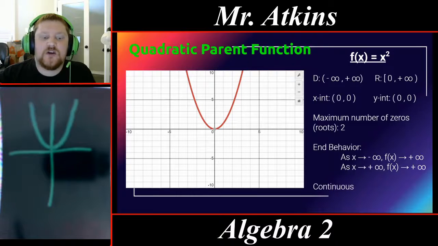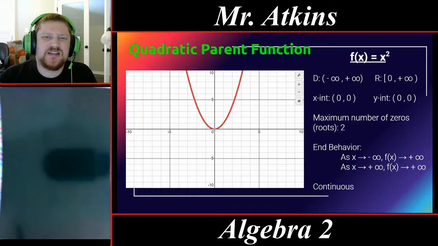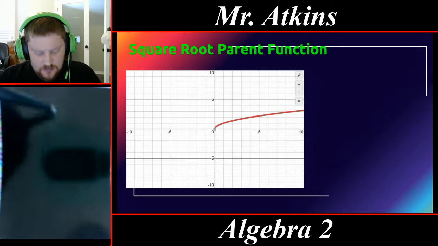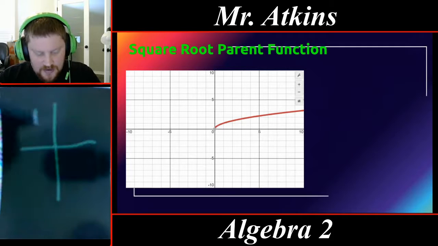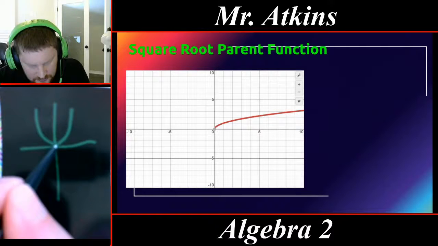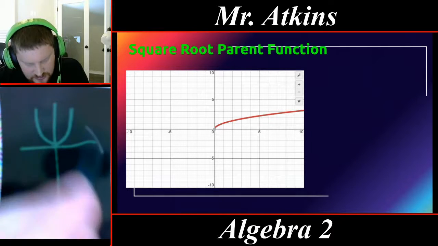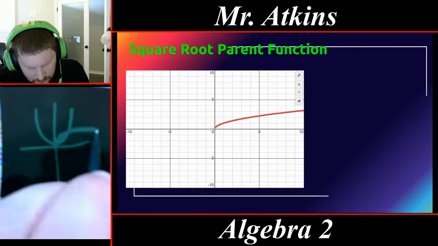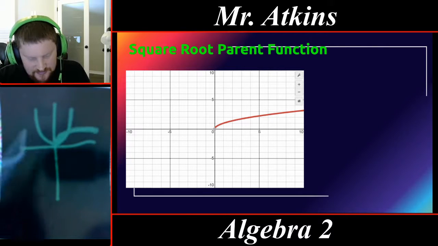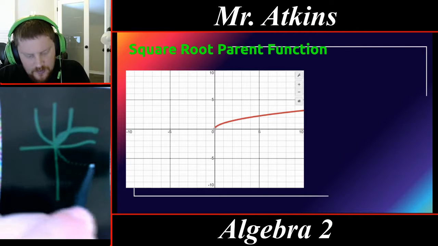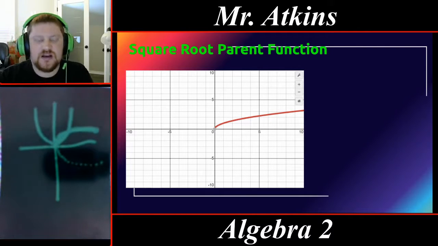Now our next function that we're going to look at is the square root function. Basically the opposite of a quadratic. It looks like this. With the quadratic, we had our U, and with our square root function, basically it looks like we're just lying this over. So our square root function is just that line. You will notice, though, that the bottom does not exist.